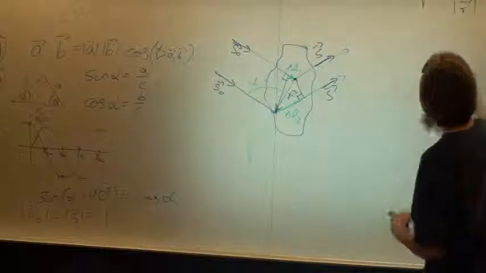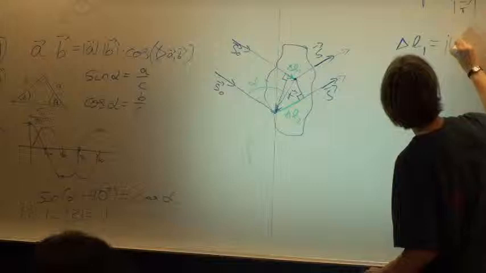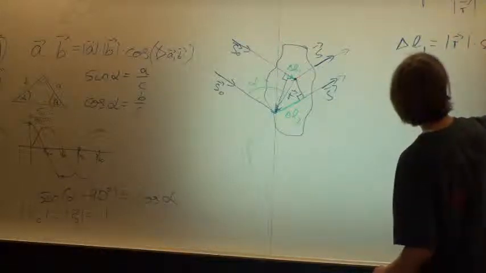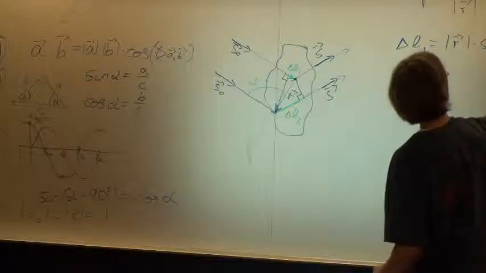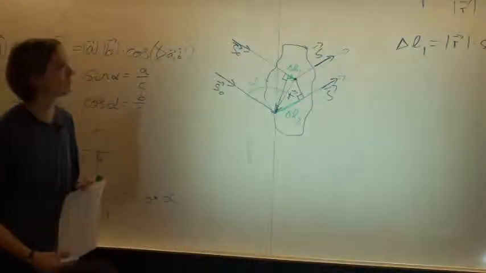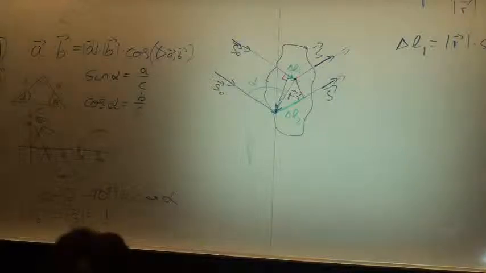So, I could write that my delta L1 is equal to R times the sine of alpha minus 90 degrees, because alpha minus 90 is equal to beta. And those who pay careful attention probably have some idea where I'm going with this.